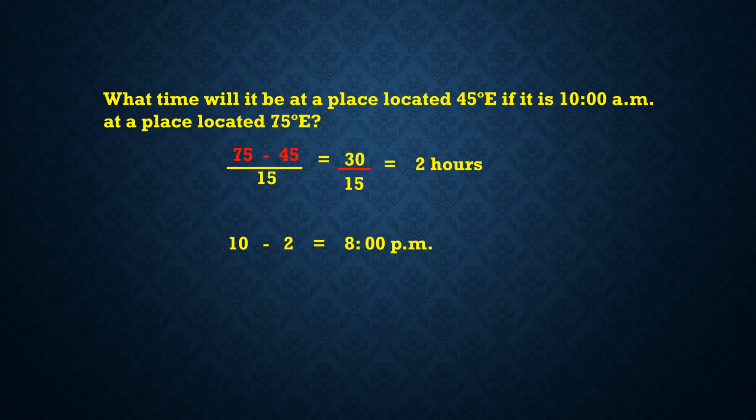We are seeking the time for a place located at 45 degrees east, and 45 degrees east is actually west of 75 degrees east. So because it is west of 75 degrees east, we are going to subtract our 2 hours in order to get the correct time. So it means that the place located at 45 degrees east is 2 hours behind a place located at 75 degrees east. Therefore, our time is 8 a.m.